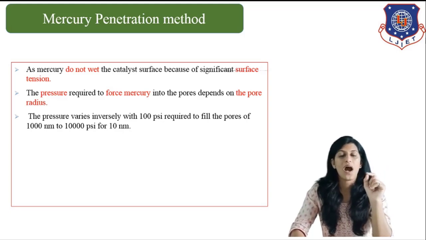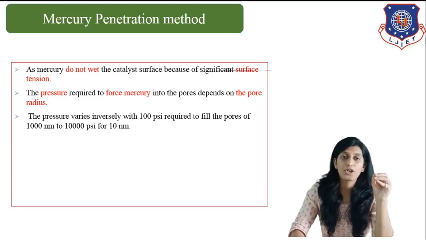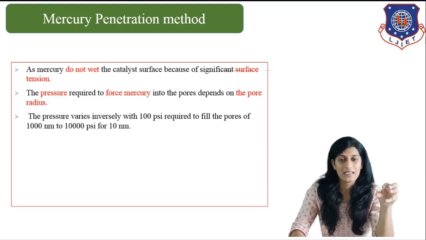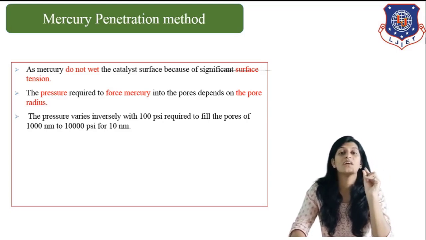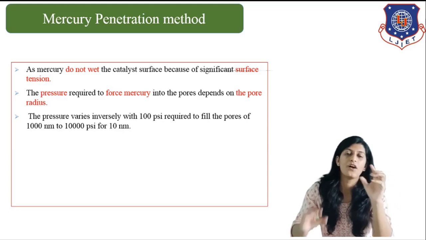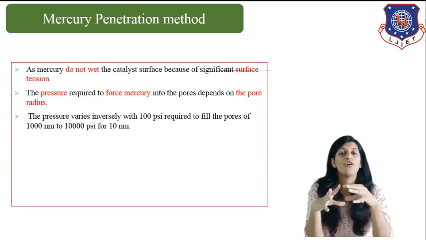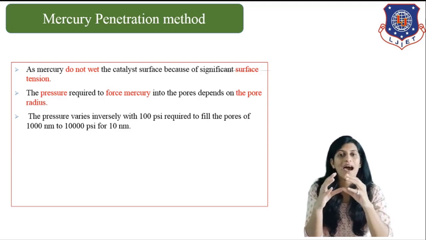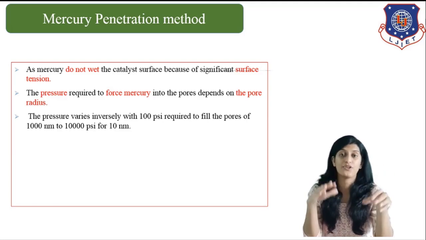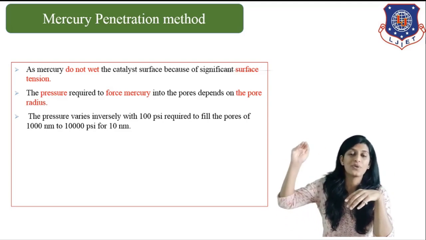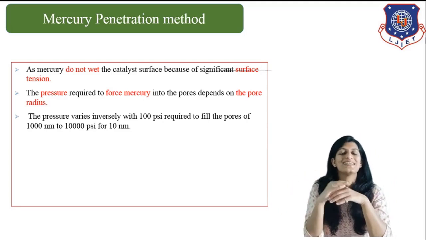The pressure required to force mercury inside the pores of the catalyst depends on the radius of the pore. If the radius of the pore is much larger, the force required to insert mercury inside that pore will be lesser.